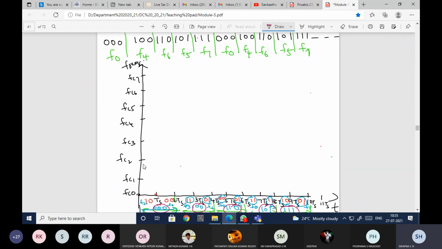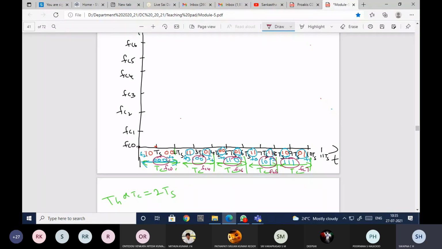In one chip duration I need to transmit these 2 symbols. First one is F2 plus FC0, that is FC0 plus F2. F2 is somewhere here.